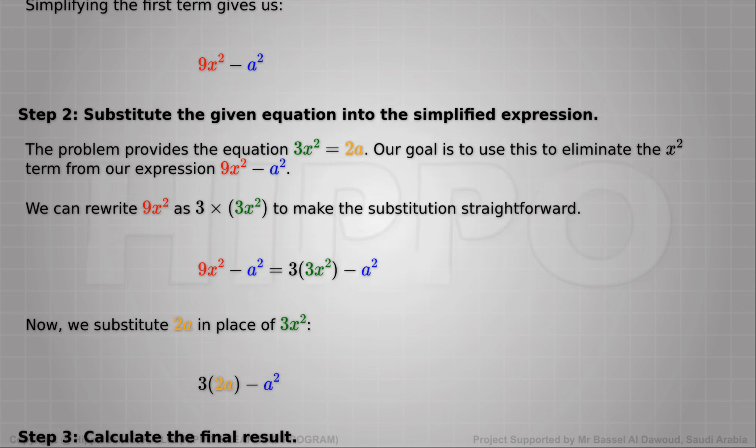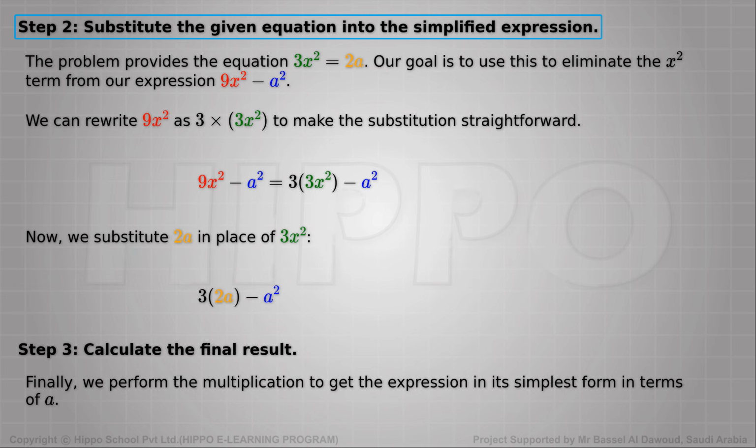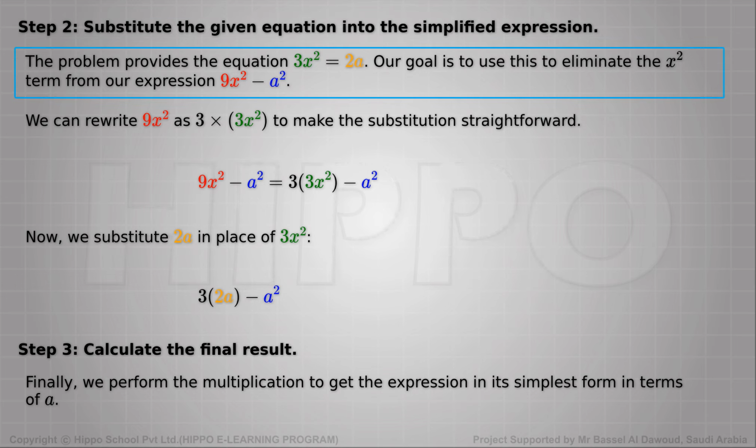All right, moving on to step 2. We've simplified our expression to 9x squared minus a squared. But remember, the question asks for the answer in terms of a only. So we need to get rid of that x squared term. To do this, we'll use the equation given in the problem, 3x squared equals 2a.